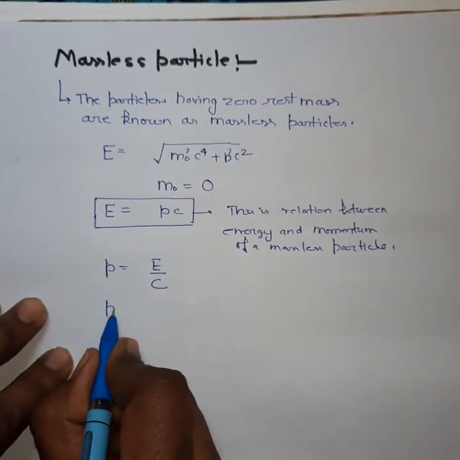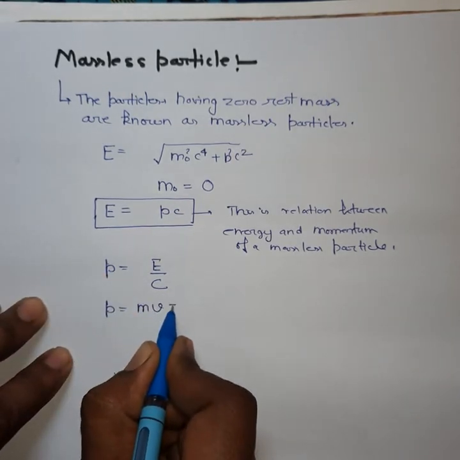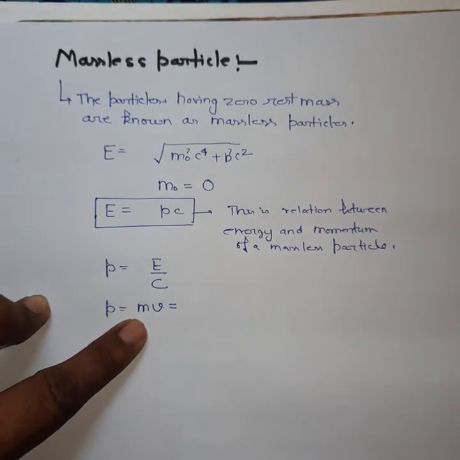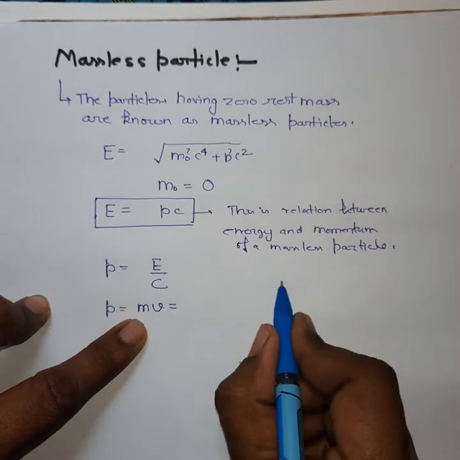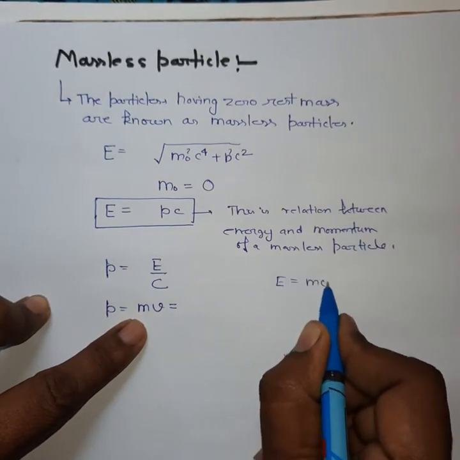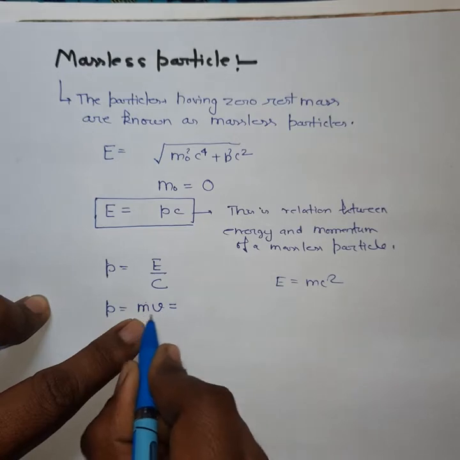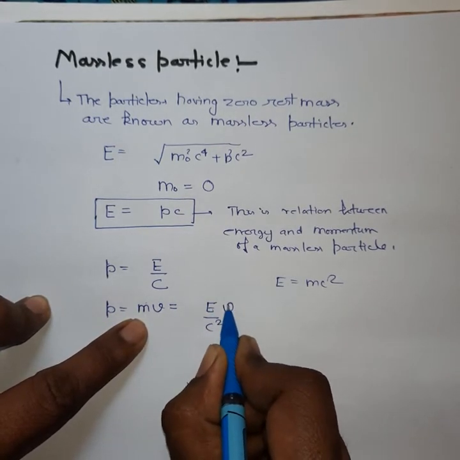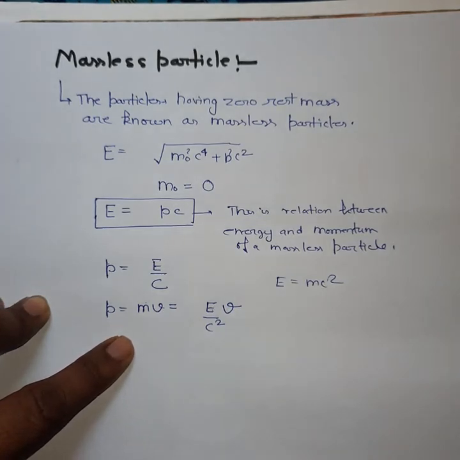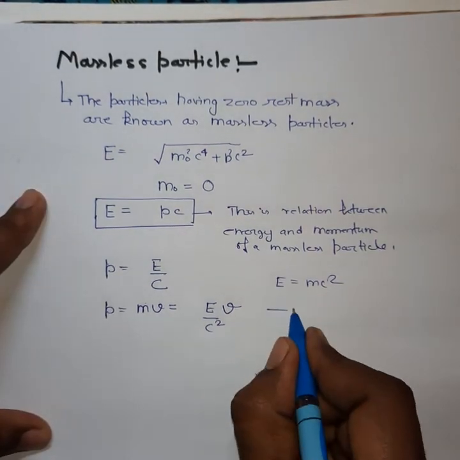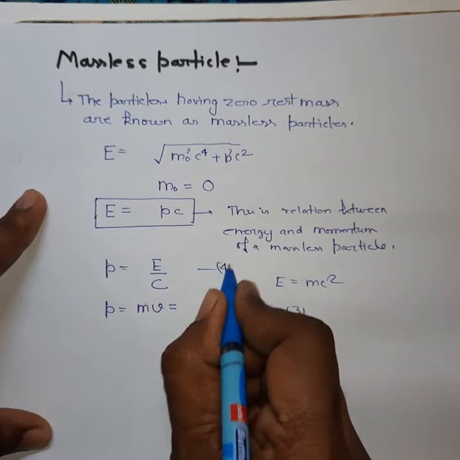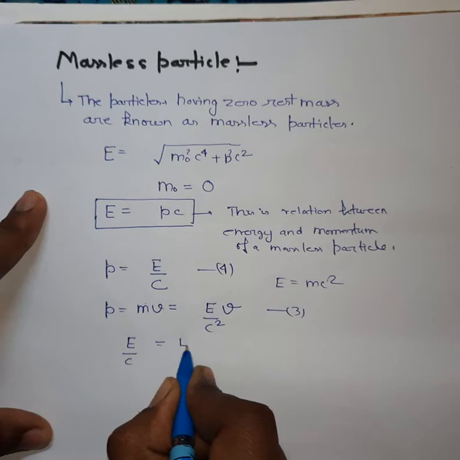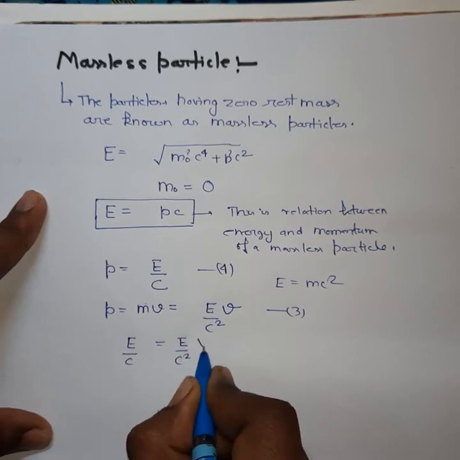So p is also equal to mv, and from the E is equal to mc squared relation you can substitute m here, so you can write it as E by c squared times v. Let's call this equation number 3, and this is equation number 4. If you put both together, you can write E by c is equal to E by c squared times v.